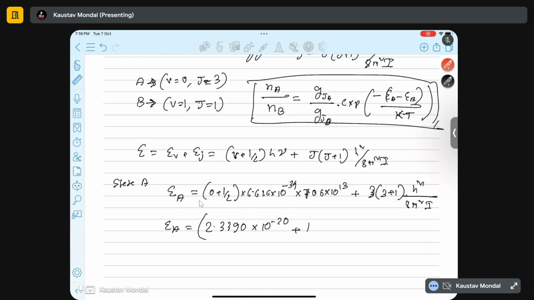for the vibrational part. For the rotational term, the energy would be 4.7 into 10 to the power minus 22 joule.